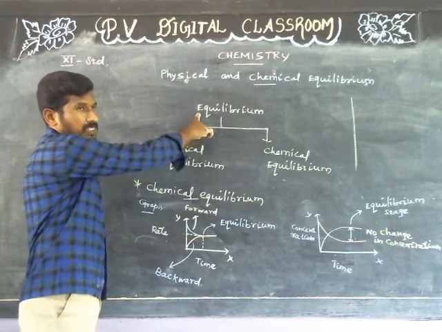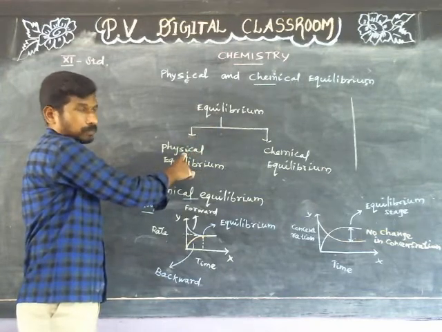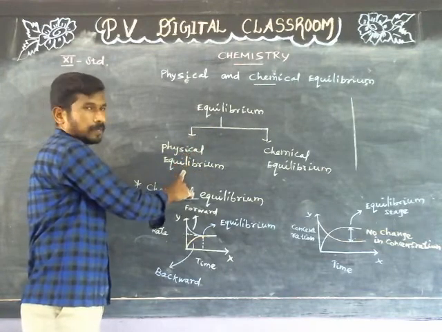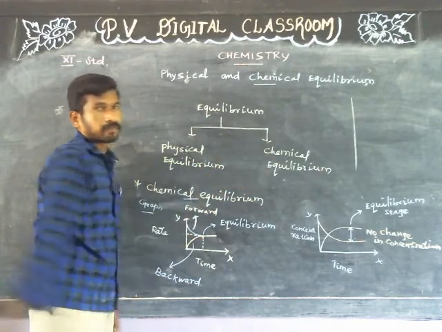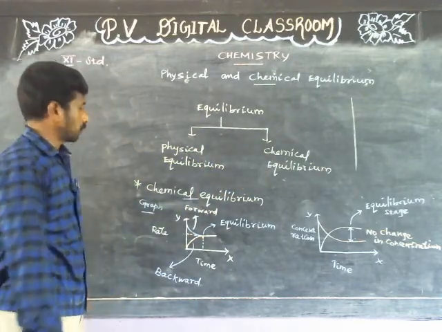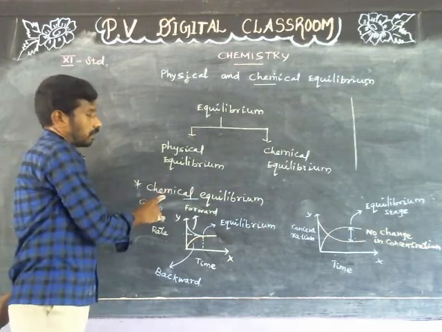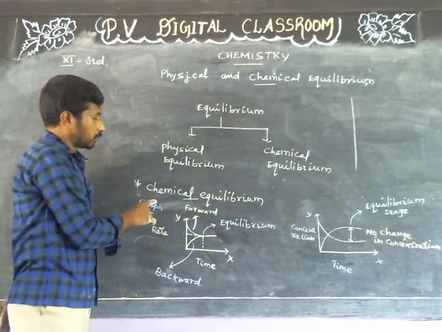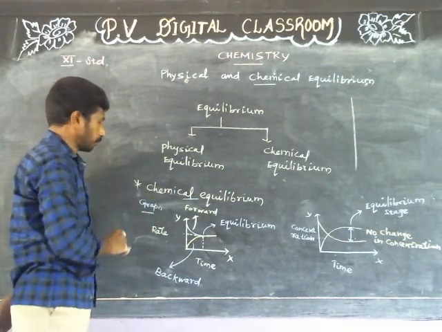Equilibrium is classified into two types. They are physical equilibrium and chemical equilibrium. Let us see them one by one. At first, let us discuss chemical equilibrium.